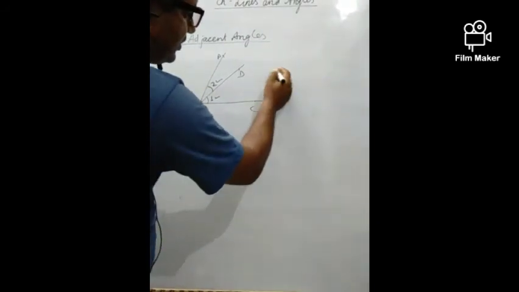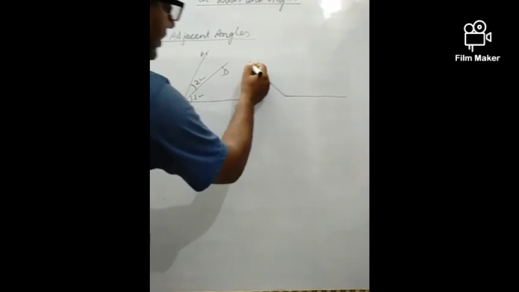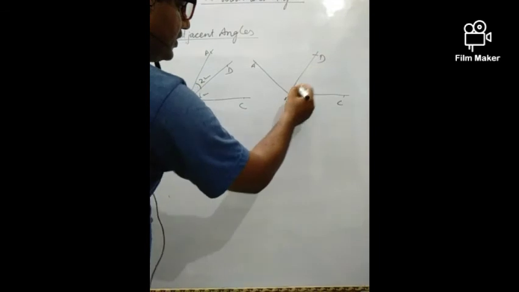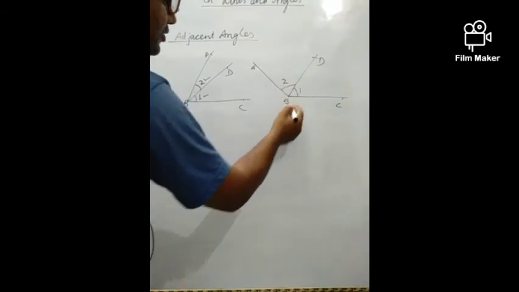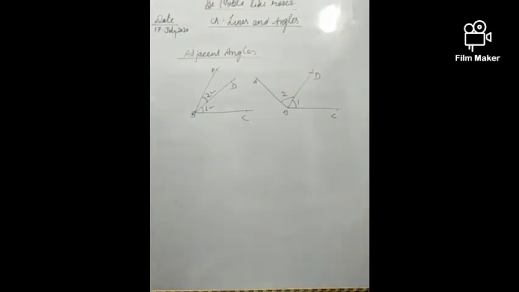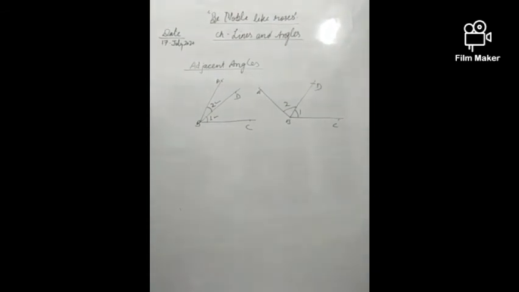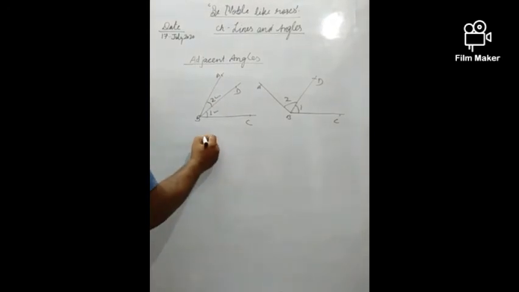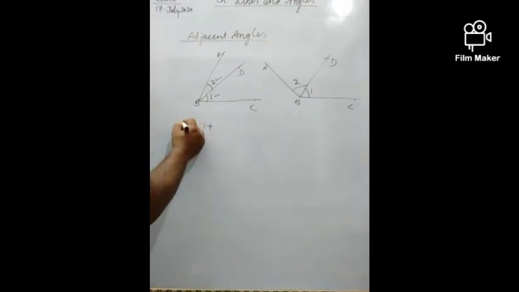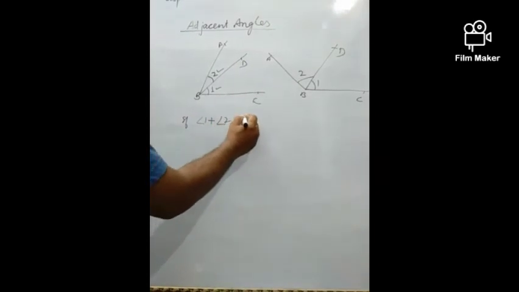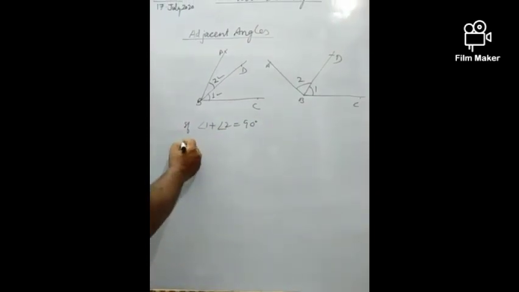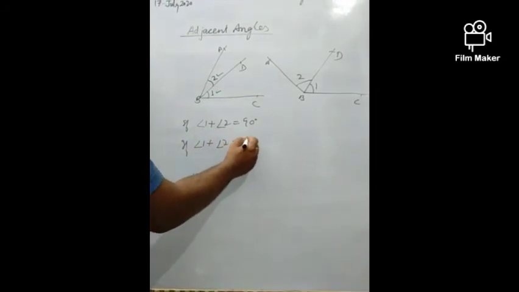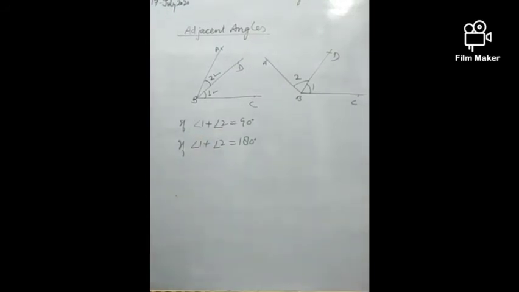Similarly, you may draw the figure this way: A, B, C, and this is D. So angle 1 and angle 2 are again adjacent angles, right? In this there is a special category. If angle 1 plus angle 2 equals 90, and one more category, if angle 1 plus angle 2 equals 180 degree.